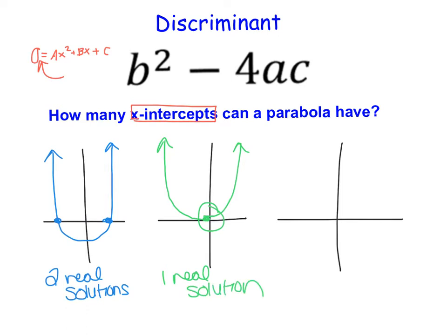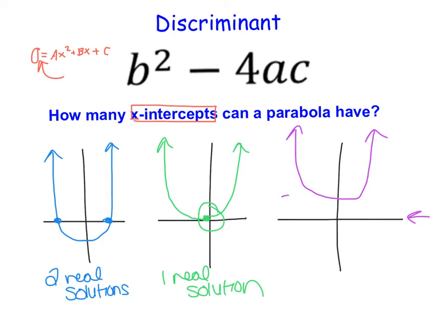And then the third situation we're going to see is something like this, where the parabola comes down, and it never actually touches the x-axis. So here, we don't actually have x-intercepts, and while I know you're tempted to say that there's no solution here, there are actually solutions, they're just not real.